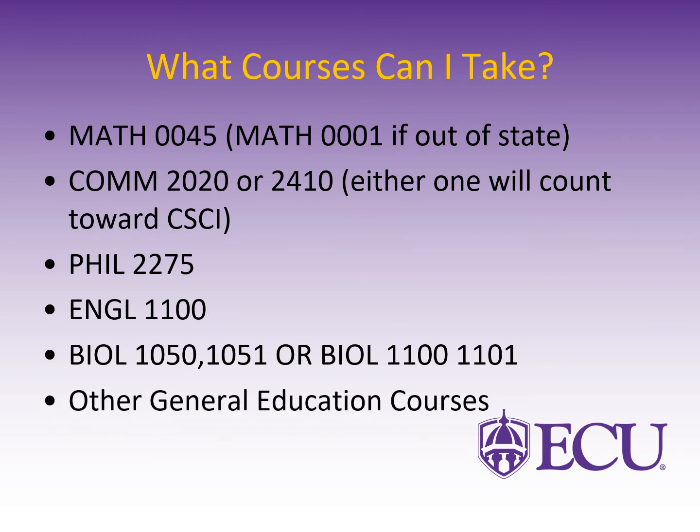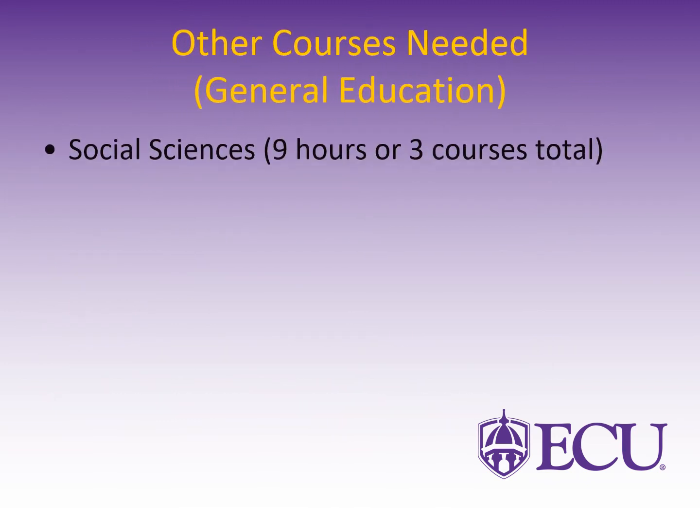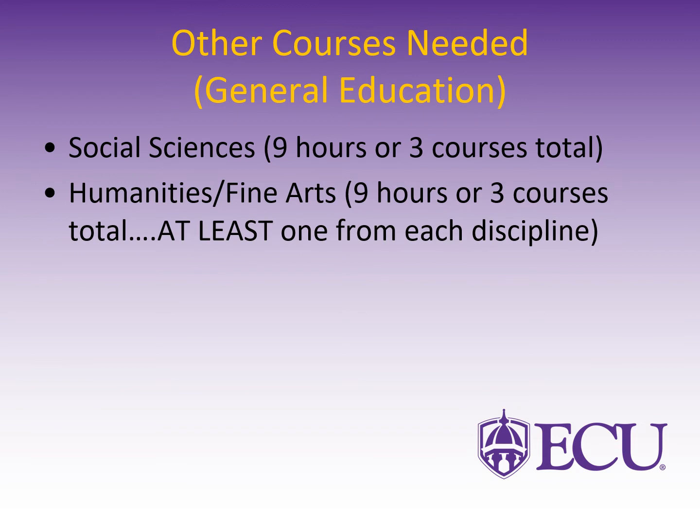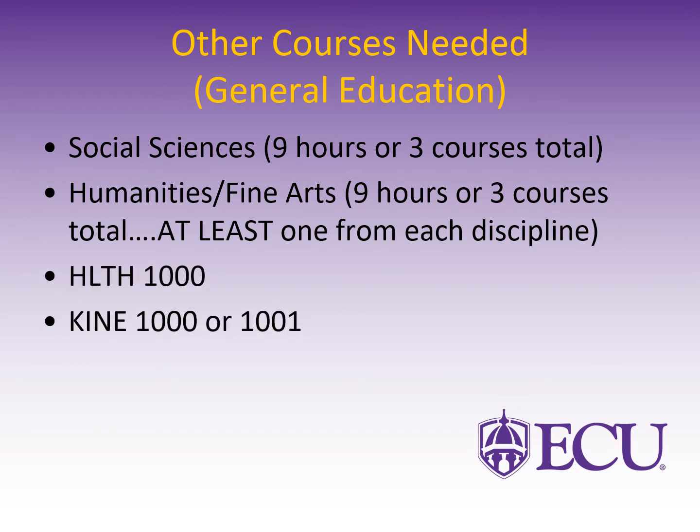You will also need other general education courses. And what do they consist of? They consist of a variety of categories of classes such as social sciences, humanities and fine arts, health 1000, and kinesiology 1000 or 1001. You will need 9 hours or 3 courses total of social sciences.